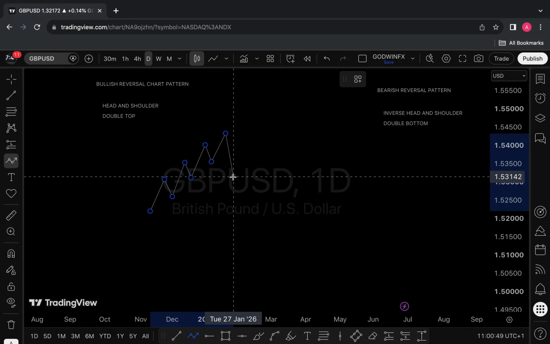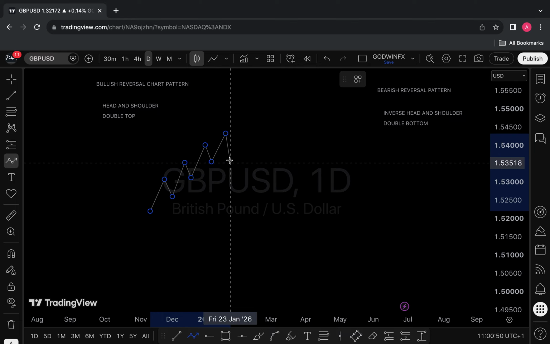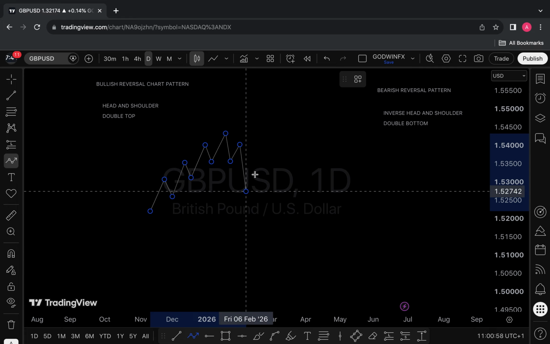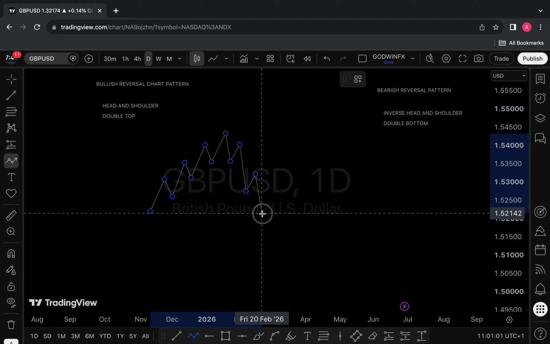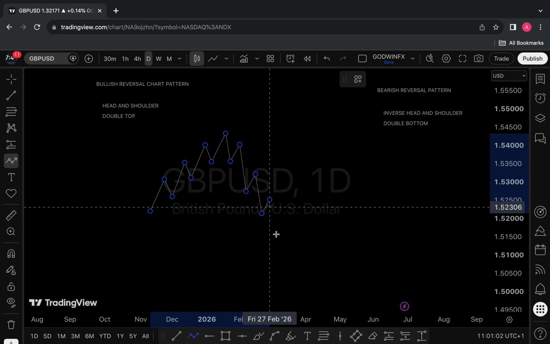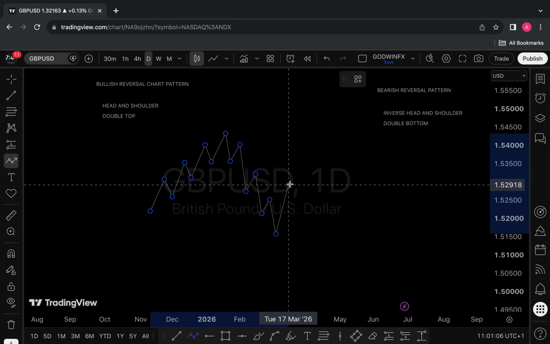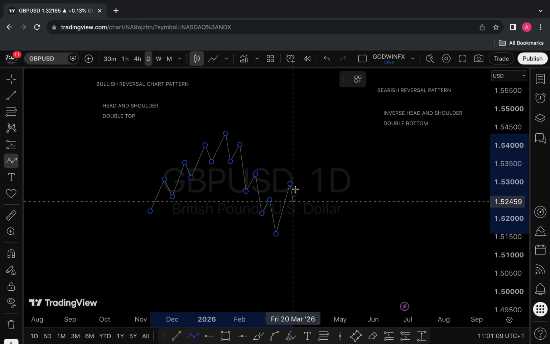Before that reversal, we have something like this. Now, let's say the market changes to an uptrend. I will now start having buys.